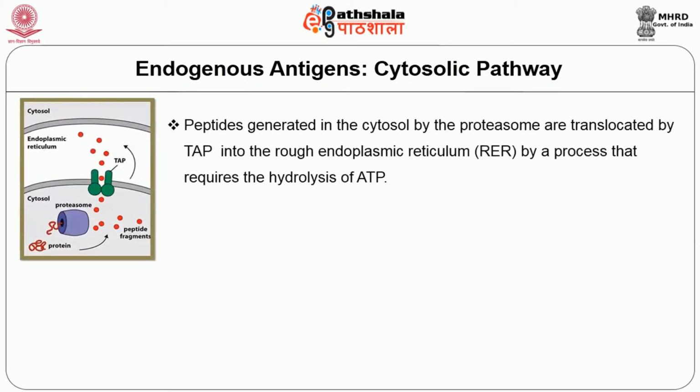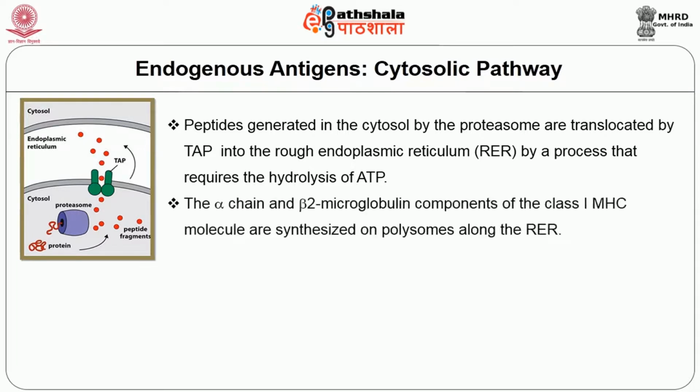Peptides generated in the cytosol by the proteasome are transported by the TAP translocator protein into the rough endoplasmic reticulum by a process that requires hydrolysis of ATP. The alpha chain and beta 2 microglobulin component of the class 1 MHC molecule are synthesized on the polysomes along the rough endoplasmic reticulum.